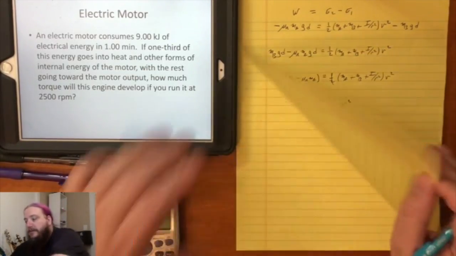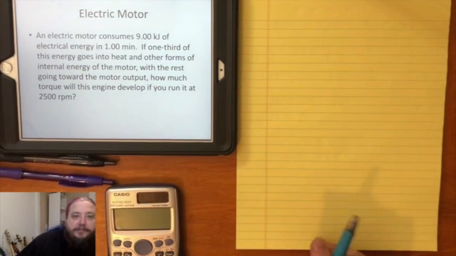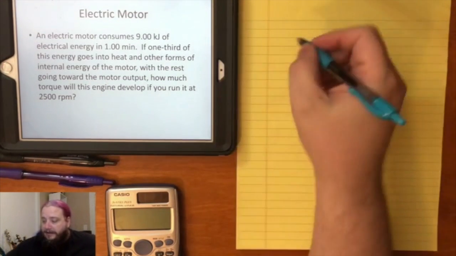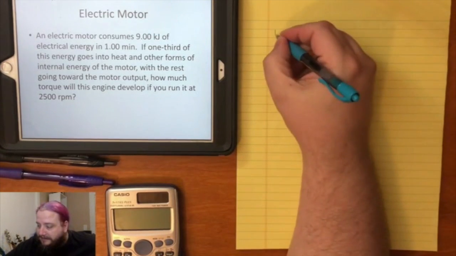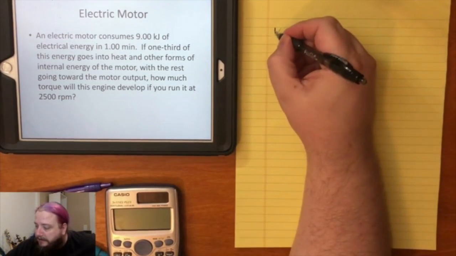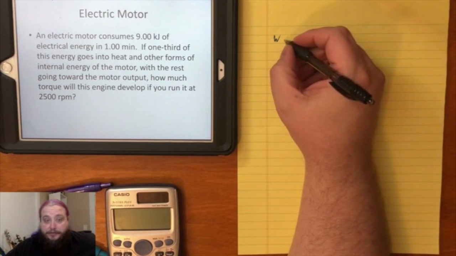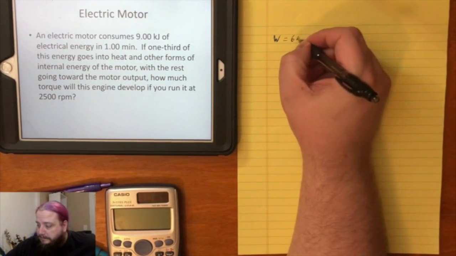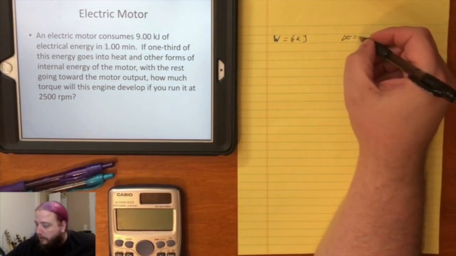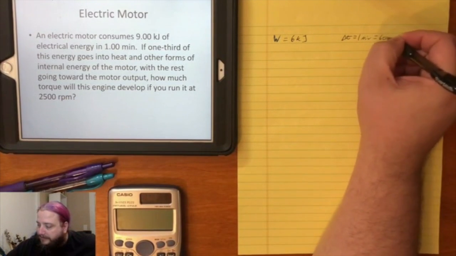So for instance, here it says an electric motor consumes 9 kilojoules of electrical energy in 1 minute, and 1/3 of this energy goes into heat and other forms of internal energy in the motor. So of the 9 kilojoules, we're actually going to get 6 kilojoules of useful work out of it in a time delta t of 1 minute or 60 seconds.